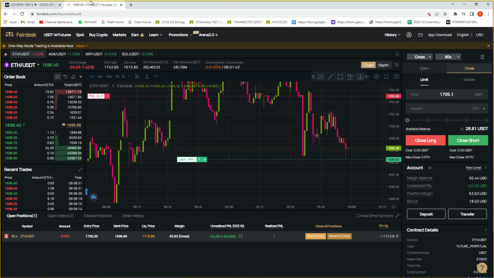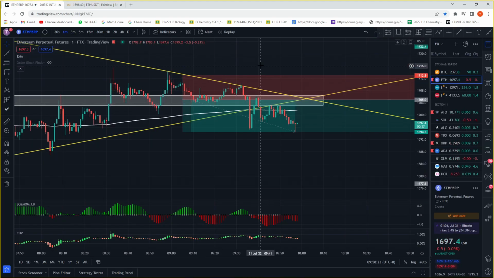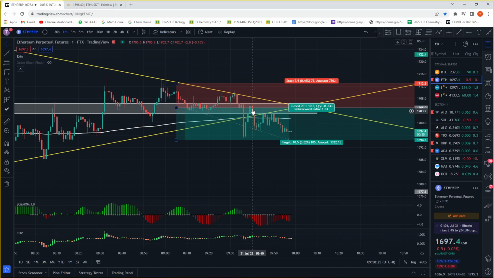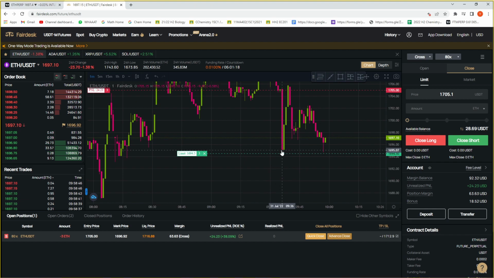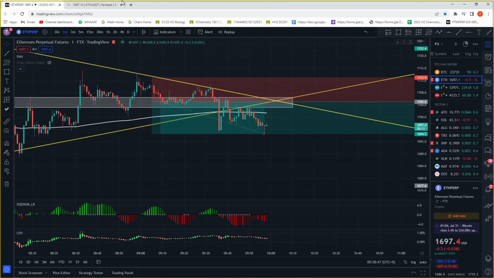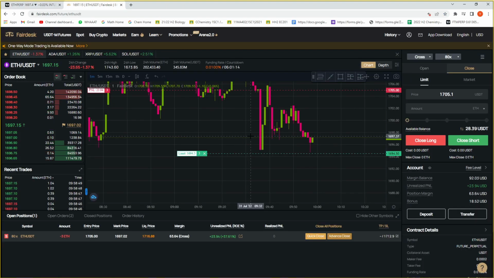I didn't know whether it was going to hit my stop loss after that, because it's quite a strong bounce, but we have a breakdown again, and currently I'm up about $24, which is 35% of my trade, and it almost hit my take profit right here by just about maybe 0.01%, which is quite unlucky. So I'm pretty sure this will be a win. So I'm going to fast forward this, and let's see how this will play out.